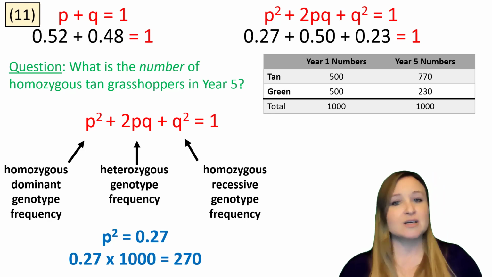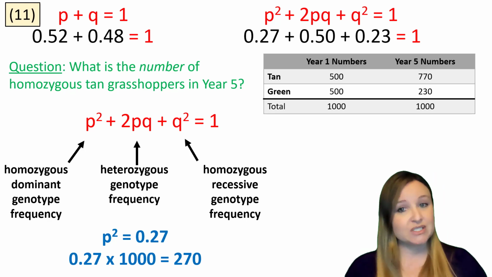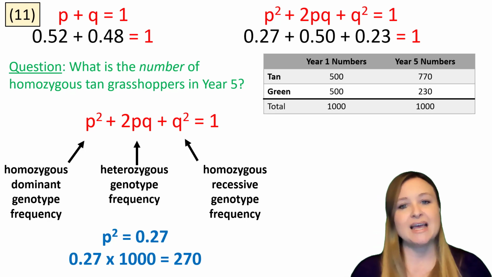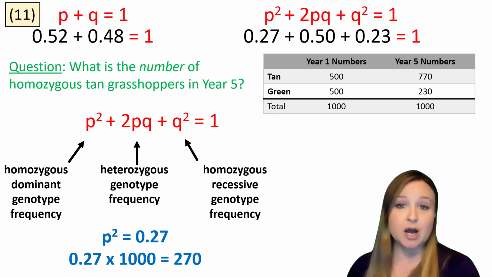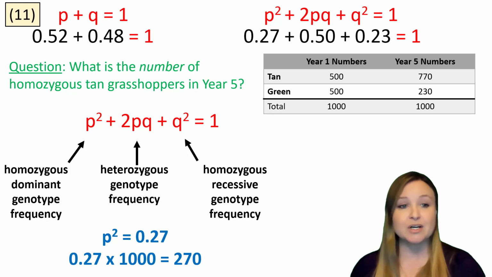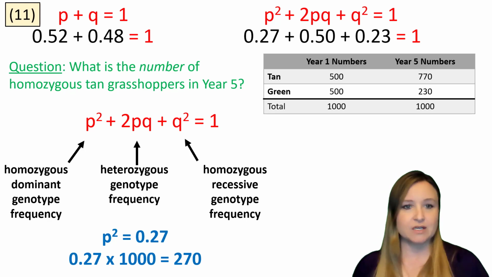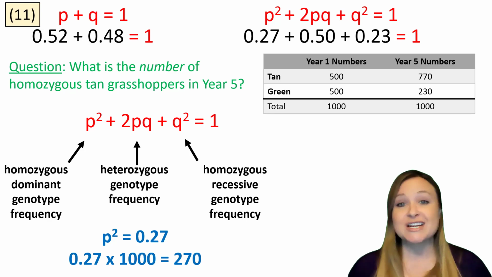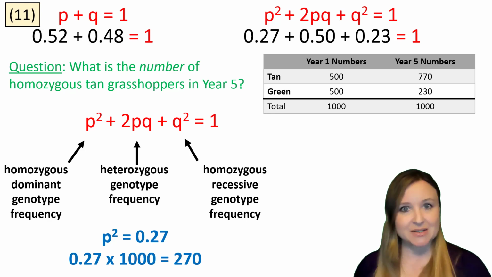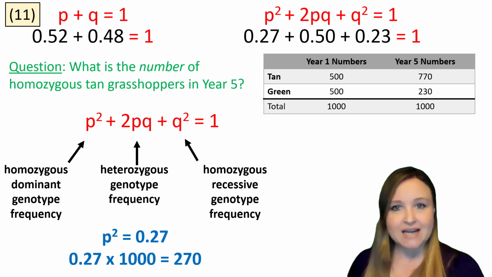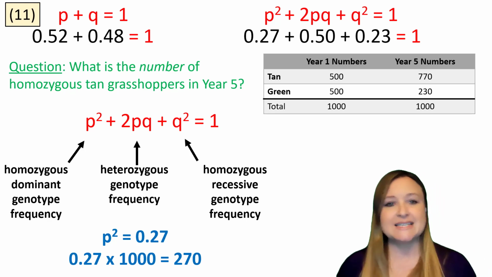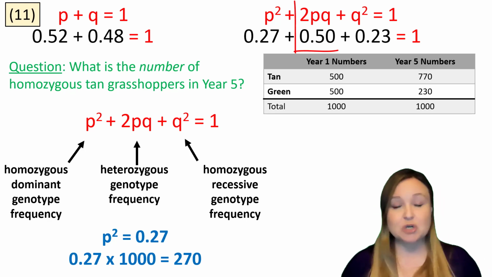When we use the genotype frequency 0.27, 0.5, or 0.23, we multiply that number by the total population to figure out the actual number of grasshoppers we're looking for, rather than the frequency. If this question had asked for the number of heterozygotes in our year 5 grasshoppers, that's 2pq.